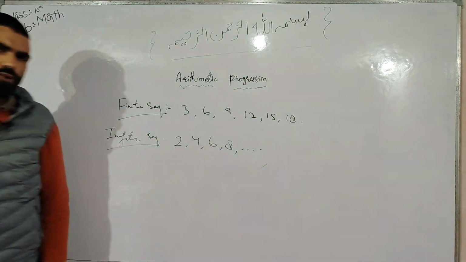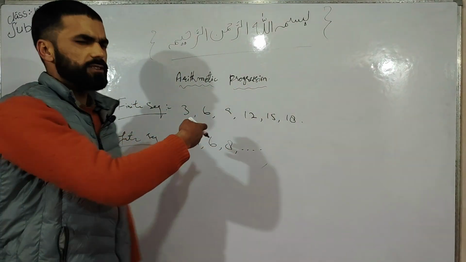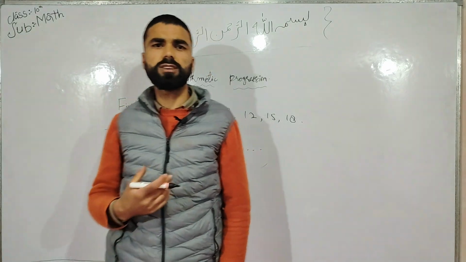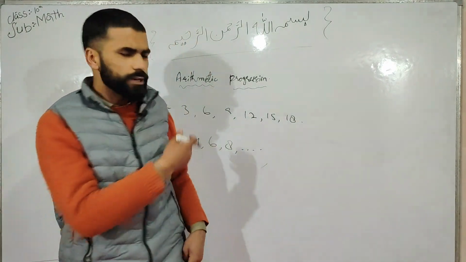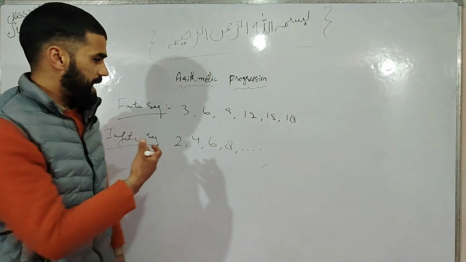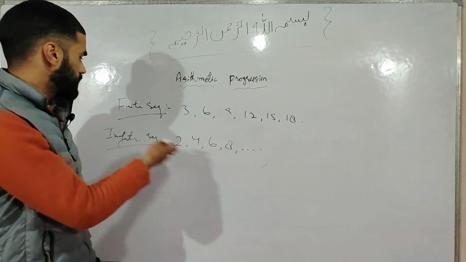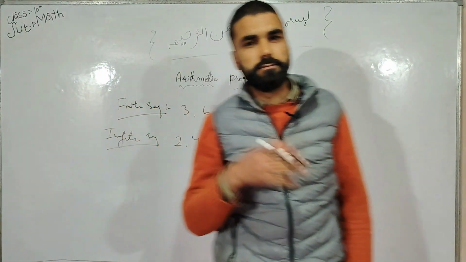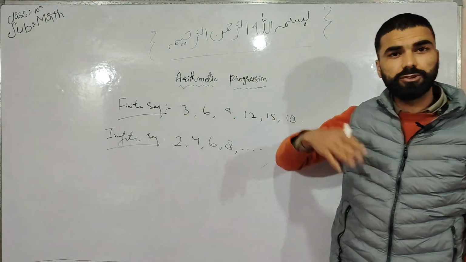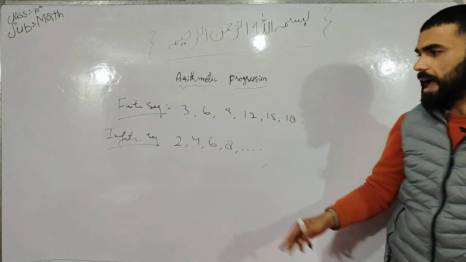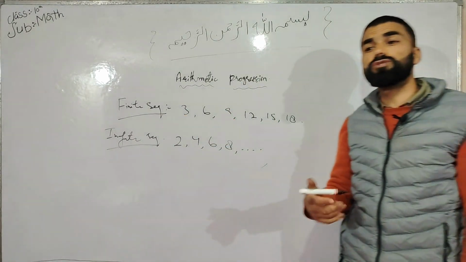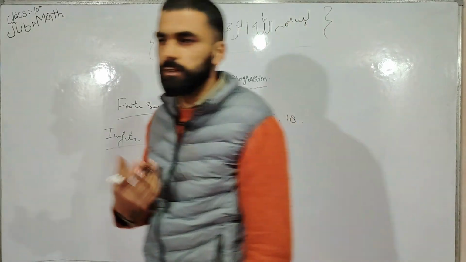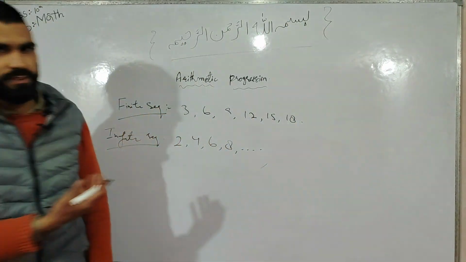These are the multiples of 2, or you can say this is the sequence of even numbers, and you know that the sequence of even numbers is infinite. So this sequence has an infinite number of terms. Finite sequence is that sequence which has only a finite number of terms, and infinite sequence is that sequence in which we have an infinite number of terms. So this was finite and infinite sequence.